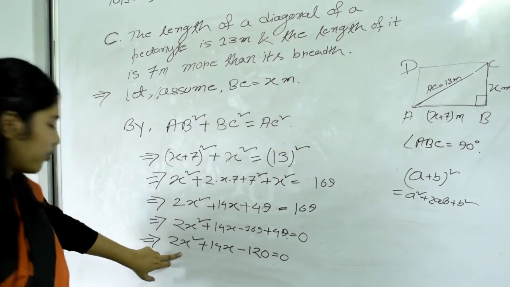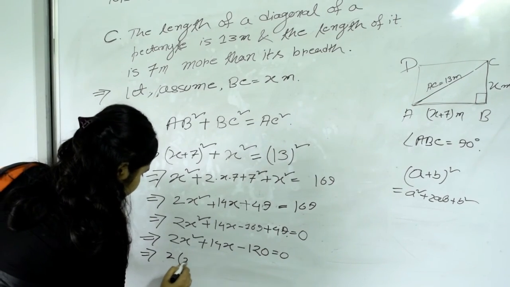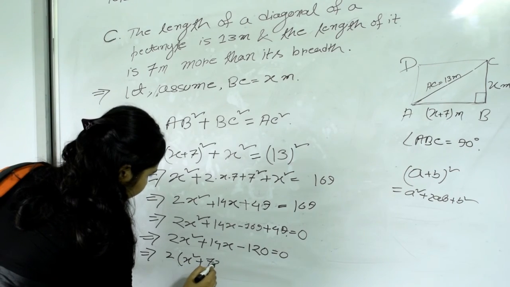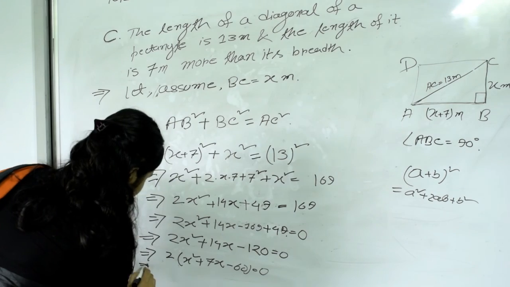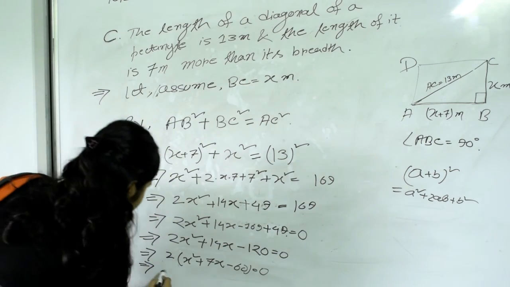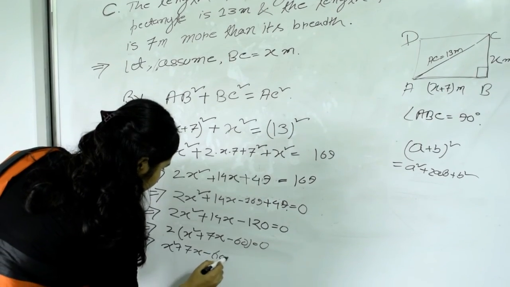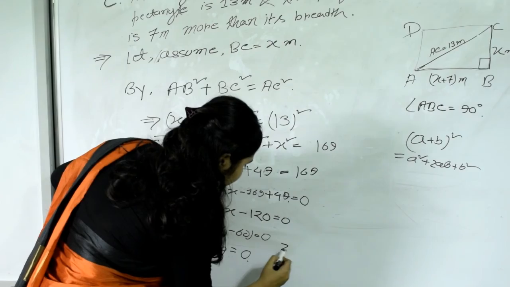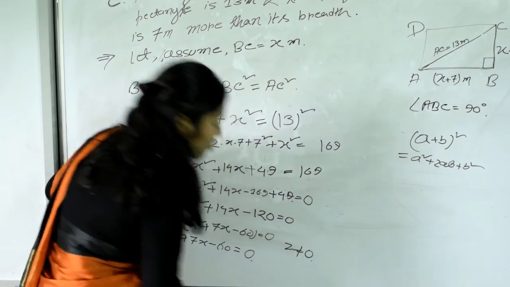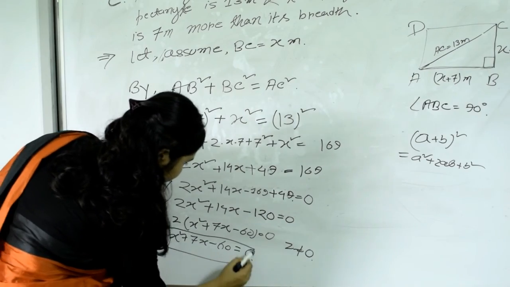Now take 2 common from these 3 terms. x square plus 7x minus 60 is equal to 0, which implies x square plus 7x minus 60 is equal to 0. Why? Because we know that 2 is not equal to 0. So this is our quadratic equation.